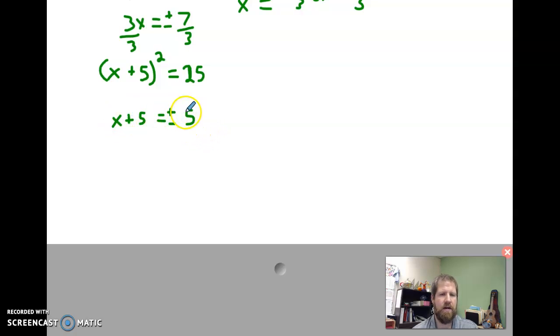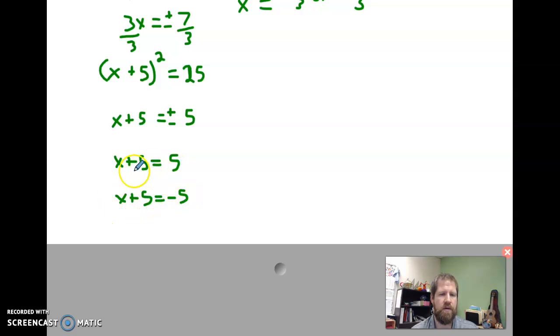Just like when we were working with absolute values, we break into our two cases. I basically have x plus 5 equals 5, and x plus 5 equals negative 5.